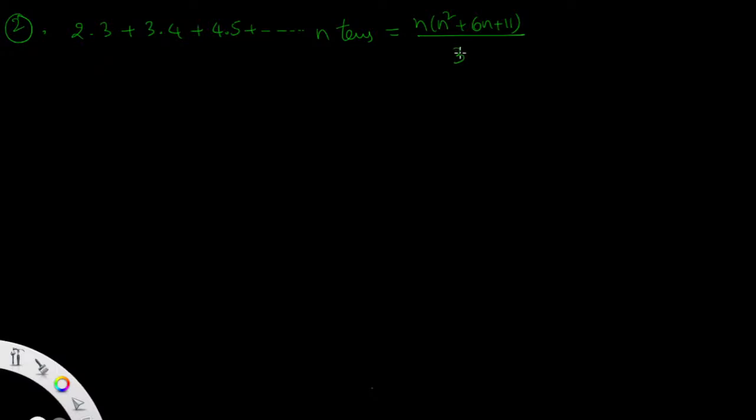Same question pattern. In the previous question we had 3 terms in the series; in this question only 2 terms: 2 into 3, 3 into 4, 4 into 5 up to n terms, whose summation becomes n into n square plus 6n plus 11 by 3. So the total summation value becomes this.